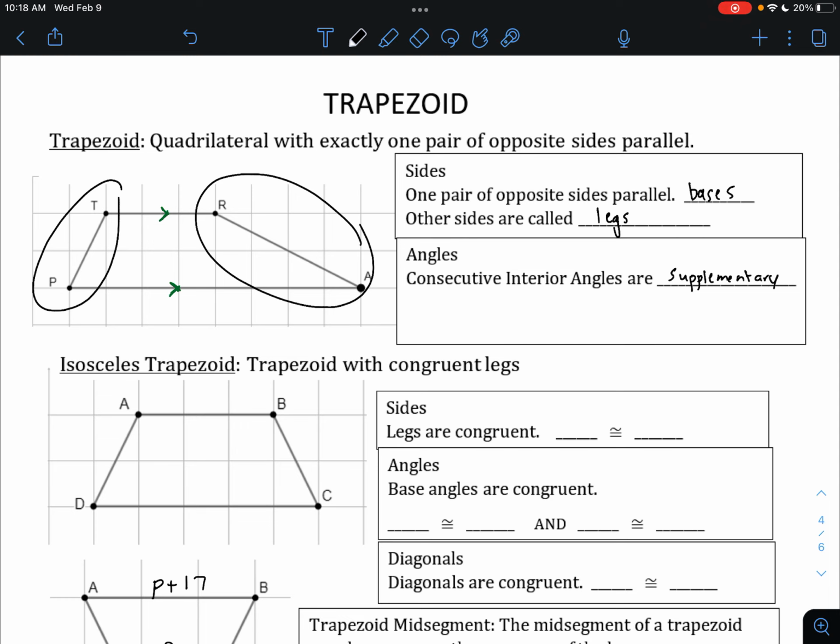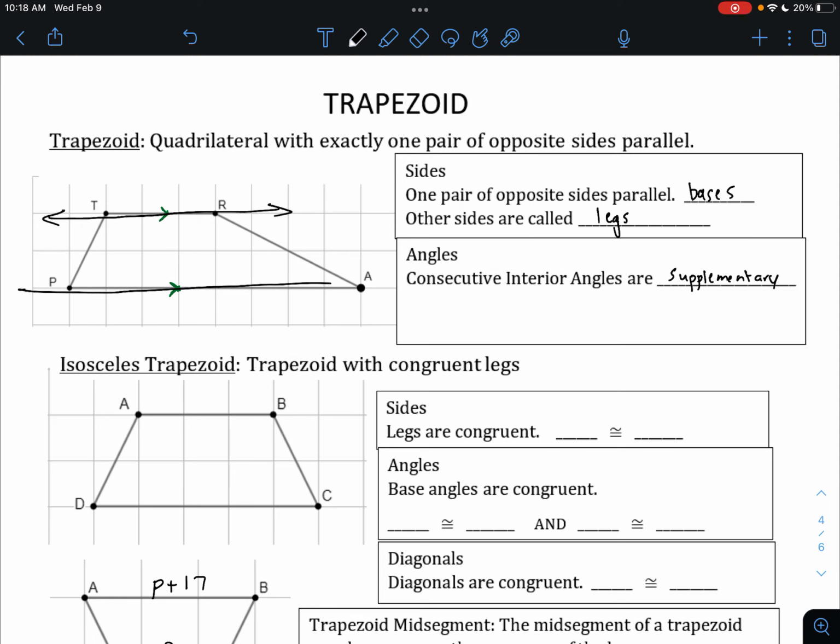We get those from the fact, and you don't need to write this down, that if these lines are parallel, then I have two parallel lines cut by a transversal. From all the way back in Unit 3, we have angles here and here, which are called consecutive interior angles, and angles here and here that are consecutive interior as well.